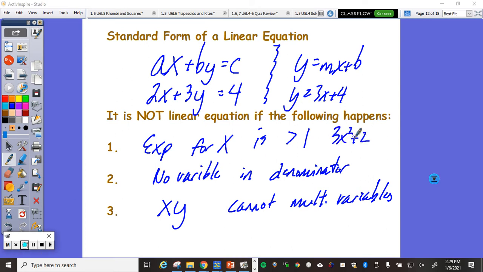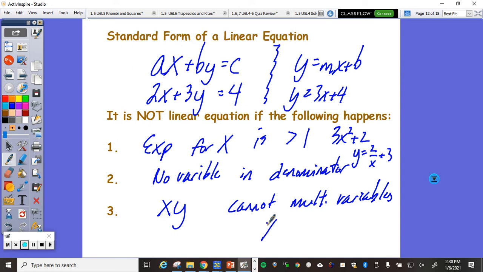All right, so in this case right here, 3x squared plus 2 is not linear because the exponent for the x is bigger than 1. I cannot have a variable in the denominator, so I can't say y equals 2 over x plus 3. That's not linear because the x is in the denominator.